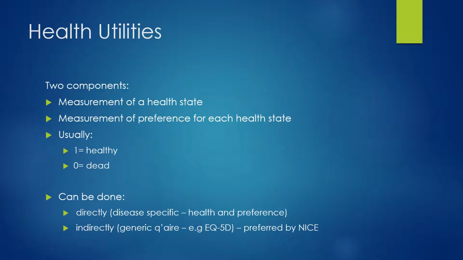You can have disease-specific quality of life, like an asthma measure or a dialysis measure, or indirectly through generic questionnaires which are not specific to a particular disease, measured with a valid instrument. For example, EQ5D, which we are going to discuss further, is the most commonly used quality of life tool, and is the one preferred by NICE.